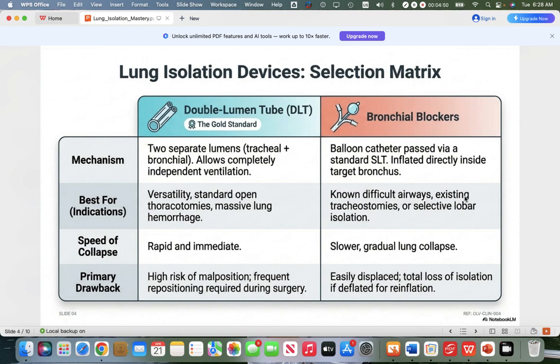Non-difficult airway, existing thoracotomies or selective lobar isolation. Slower, gradual lung collapse, easily displaced, total loss of isolation if deflated or re-inflated. And then again, very important, the position.